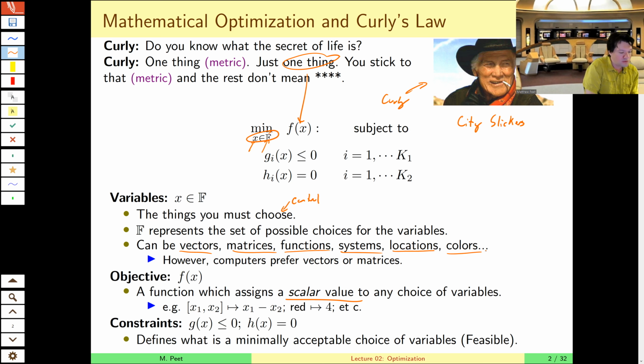Ultimately, though, all of these choices, no matter what they are, even if they're colors, can be represented using numbers. So you can choose red equals 1, blue equals 2, green equals 3, and so forth. So we can make these numbers.